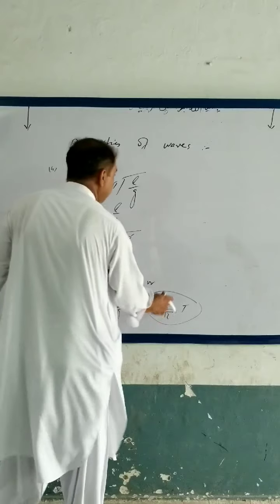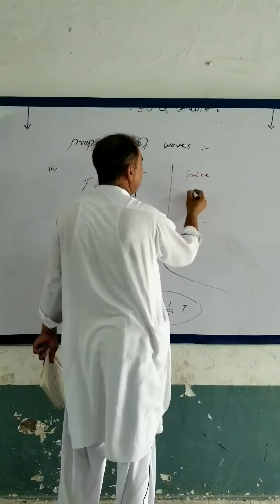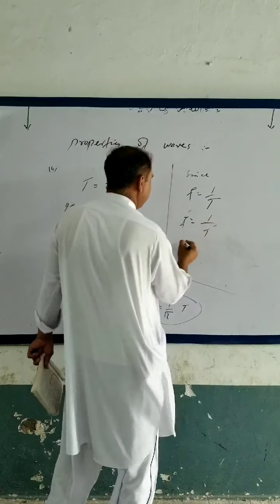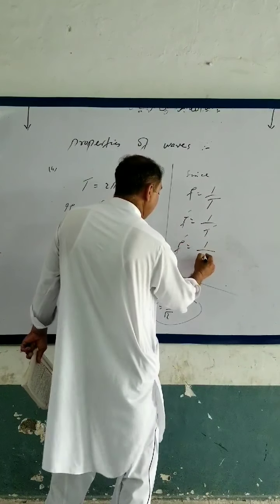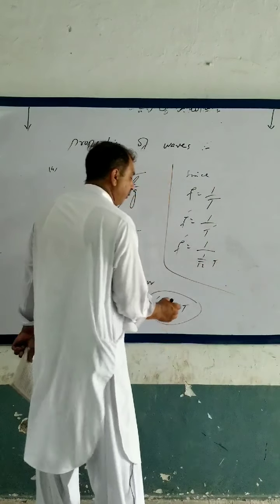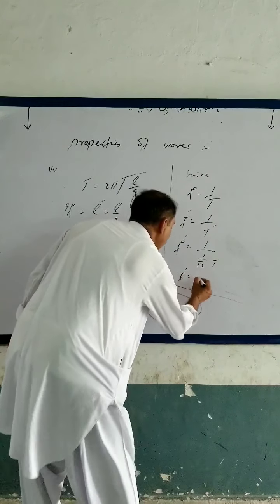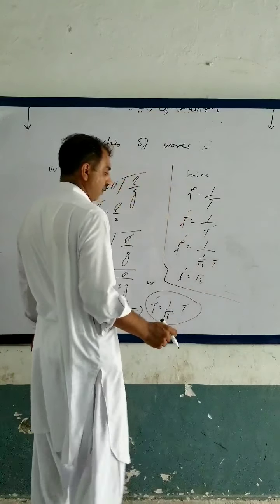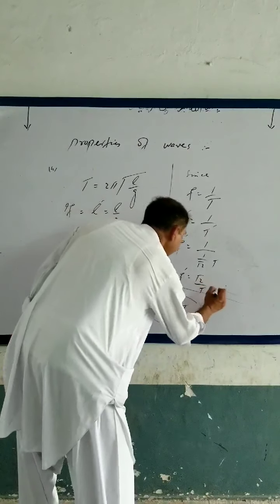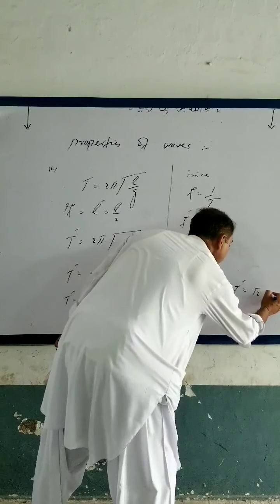When the time period decreases, what happens to the frequency? Since frequency is equal to the inverse of the time period, f dash is equal to 1 over T dash. f dash is equal to 1 over T over under root 2, so f dash is equal to under root 2 divided by T. This implies f dash is equal to under root 2 f.